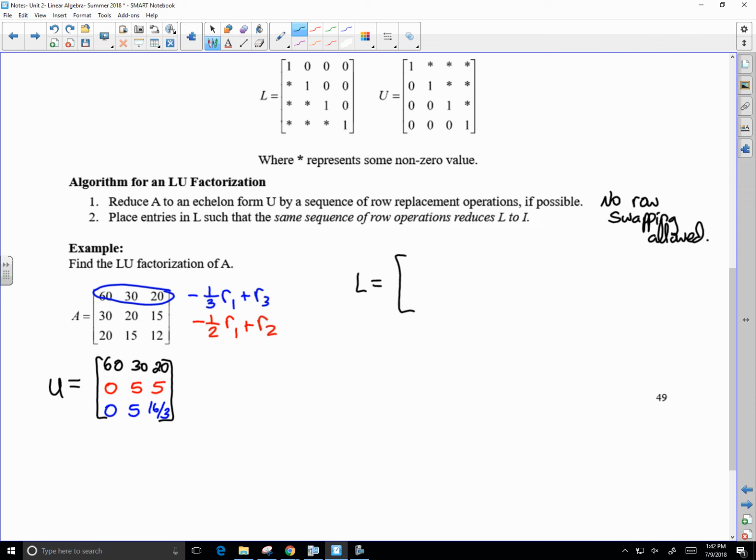But for the lower, we're going to assume the lower triangle is some numerical values, but the upper triangle itself is going to be all 0s.